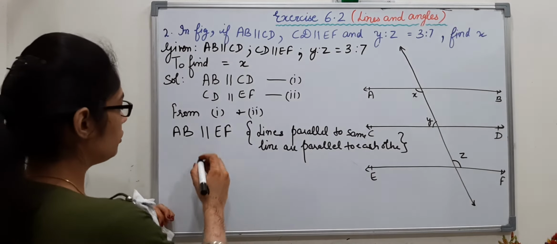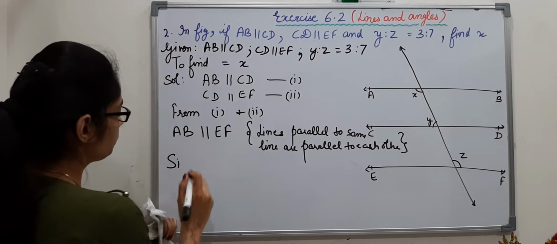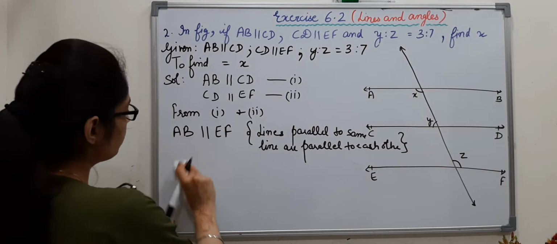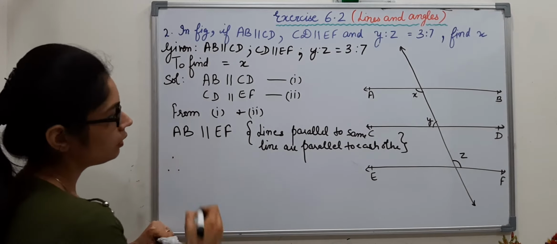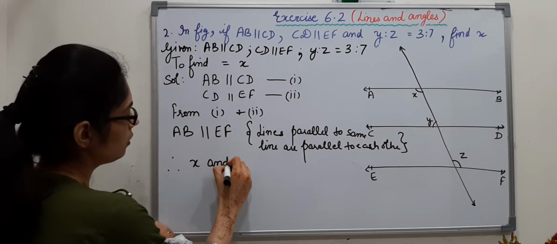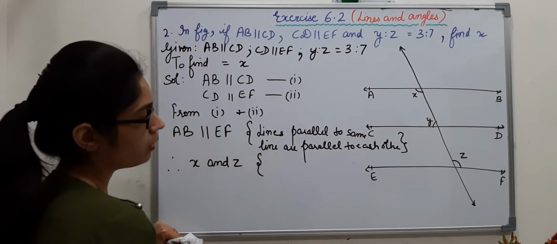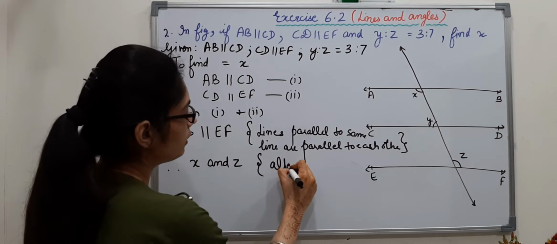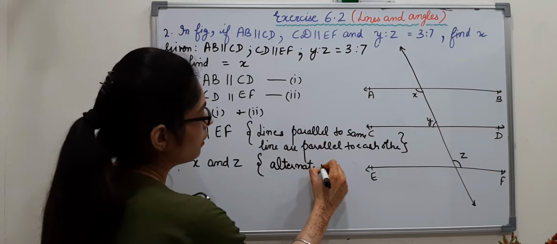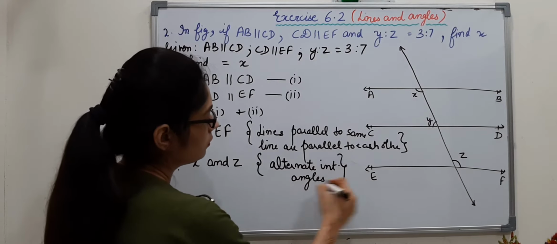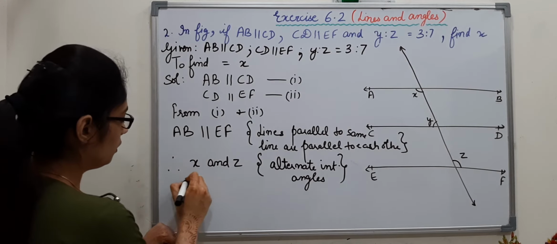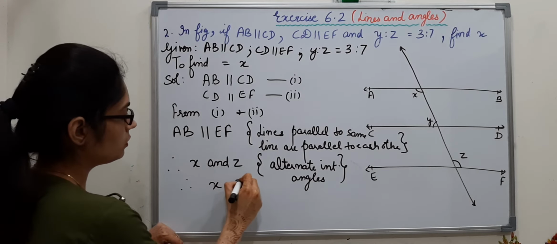So we can mention, AB is parallel to EF. So therefore x and z are alternate interior angles. Therefore x is equal to z.